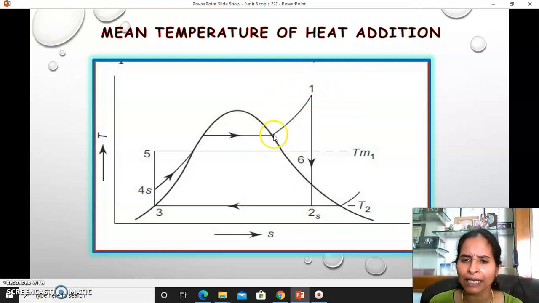In the last video we didn't talk about superheat, but now I have included this superheating process.